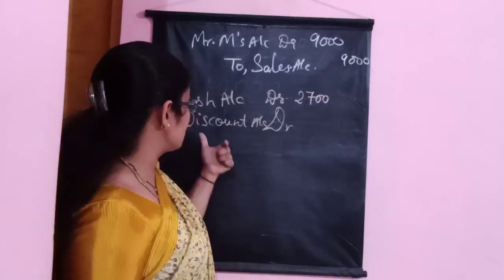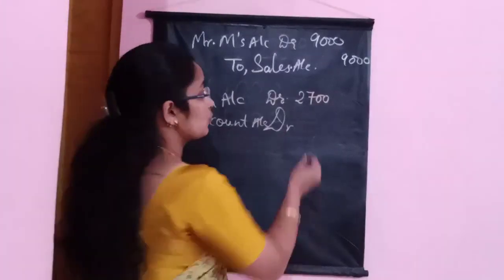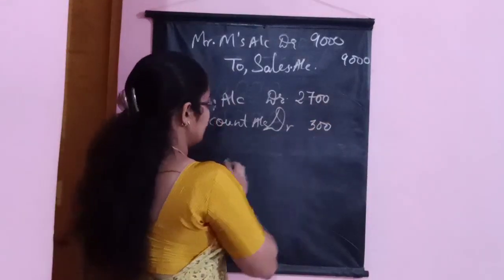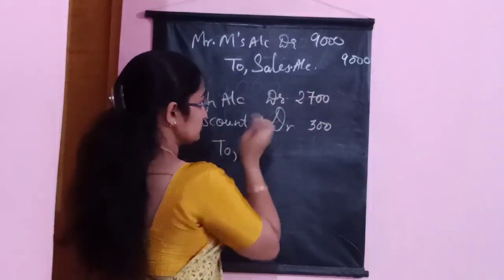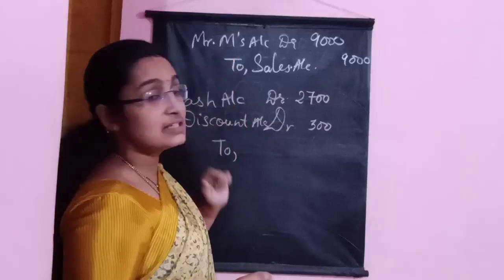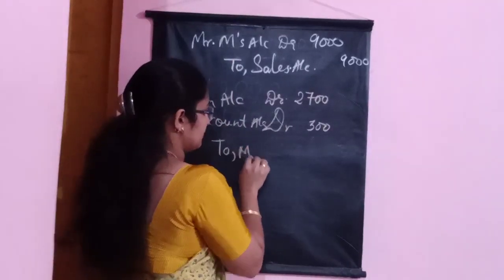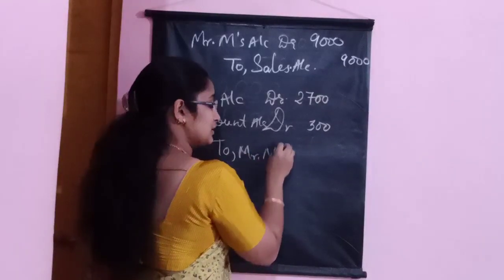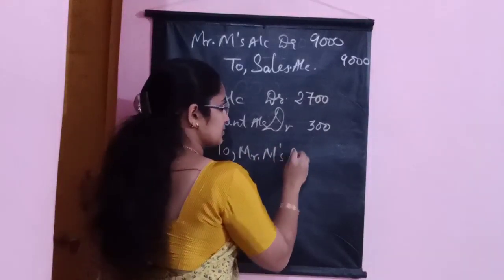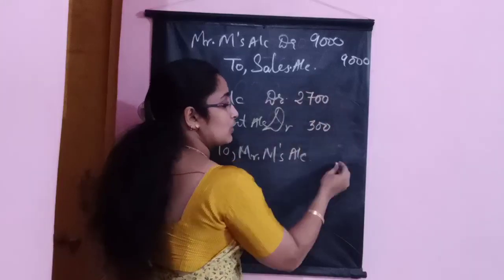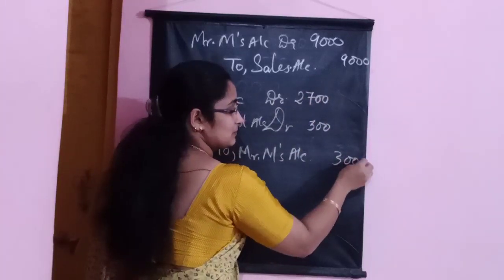It is an expense, due to which discount account will be debited with rupees 300. Who is making the payment? Mr. M has made the payment, due to which Mr. M's account will be credited with the total amount of rupees 3,000.